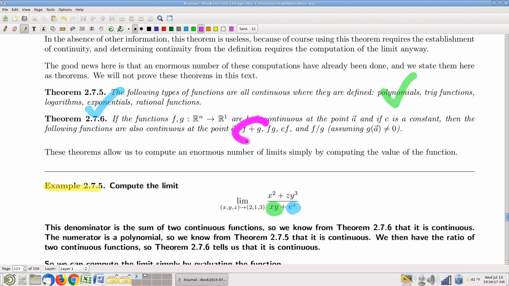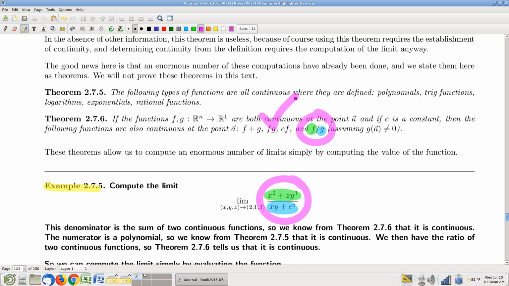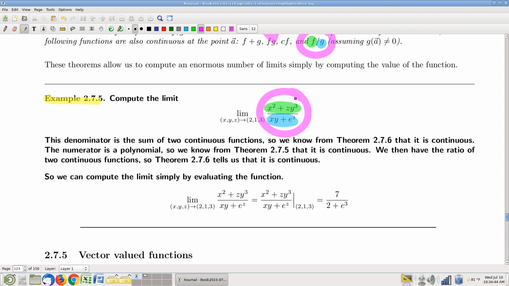And the sum of two known continuous functions is known to be continuous. So that denominator is continuous. Then I can cite and say, if the numerator is continuous, which we just observed that it is, if the denominator is continuous, which we just observed that it is, then this fraction is continuous. And so, plug in. It's just an arithmetic calculation to compute that limit.